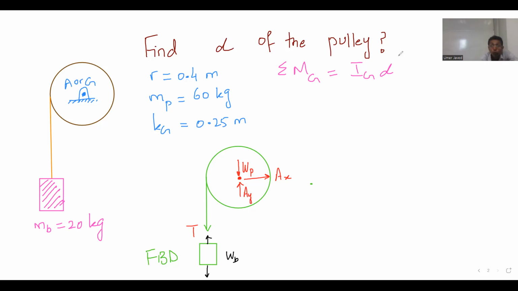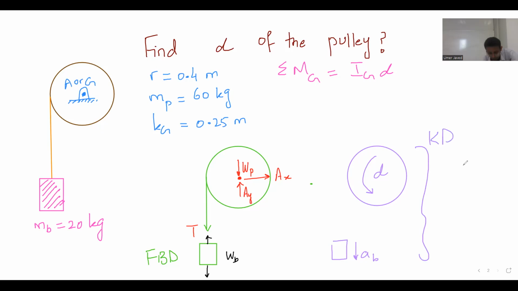And what about the kinetics diagram from last time? Kinetics diagram means that you talk about the accelerations now, and you can put it on the same free body diagram but with different colors. But I am putting it in a separate form. This is my alpha, and I can say this is, let's say, AB. And this is my kinetics diagram, KD.